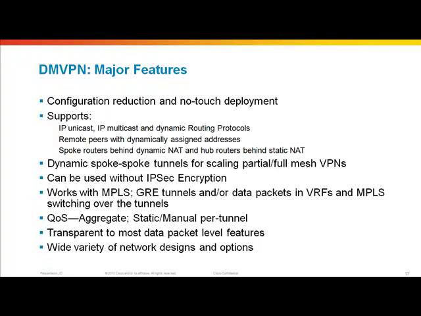So we can actually set up QoS individually per tunnel in the hub to spoke direction. It's also transparent to most data packet level features. What I'm saying there is that because DMVPN presents an interface to the router, pretty much anything that's interface-based, which is most everything on a router, will just run over DMVPN. It's pretty transparent.